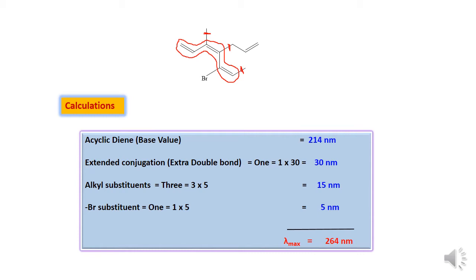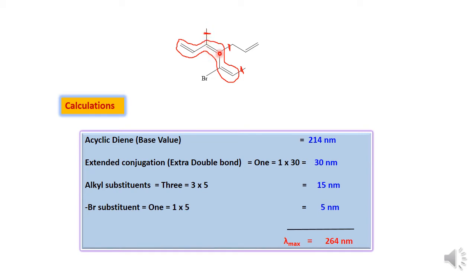Once you know the conjugated system and conjugated carbons, then for every carbon you have to see whether there is presence of substituent or not. So for this carbon you can see there is no substituent. Again for this carbon there is no substituent, but at this carbon there is a methyl substituent, and therefore one substituent for this carbon.